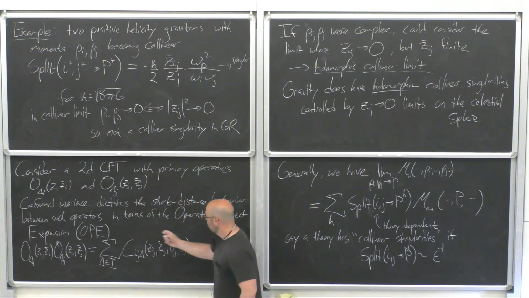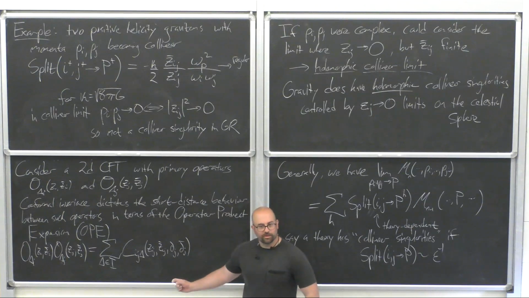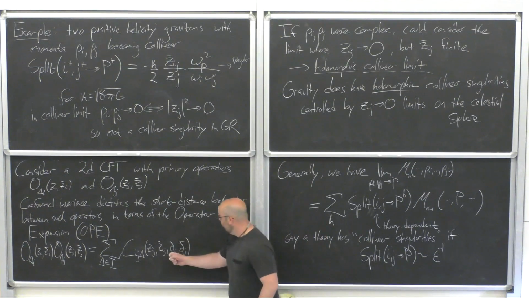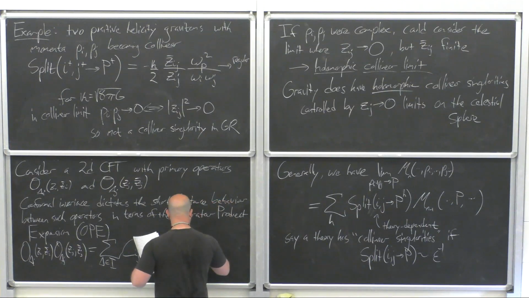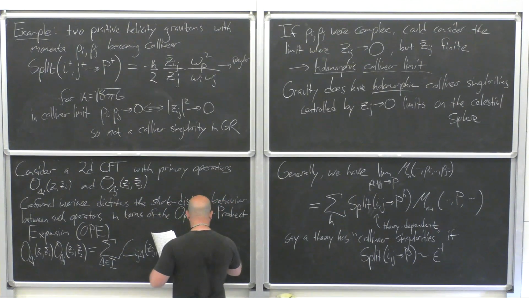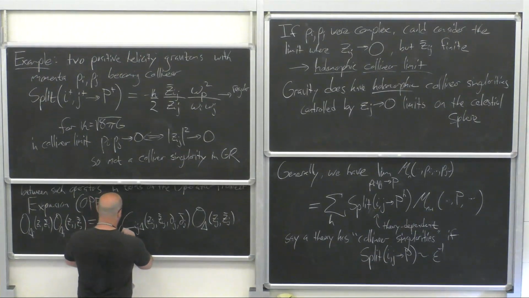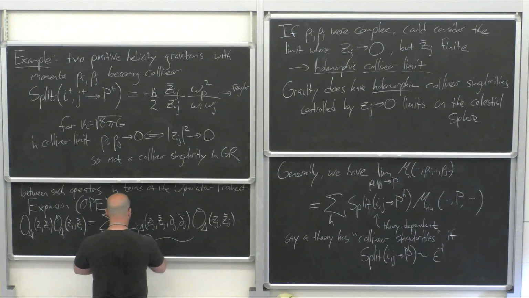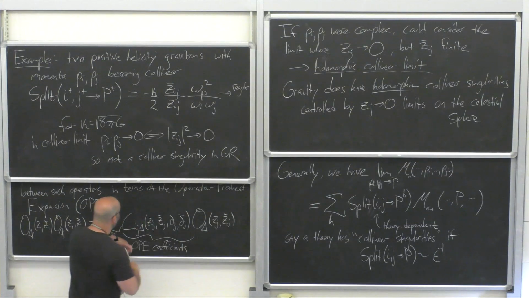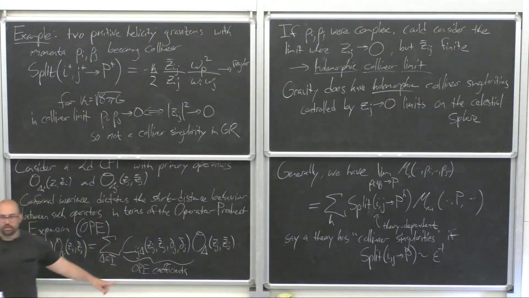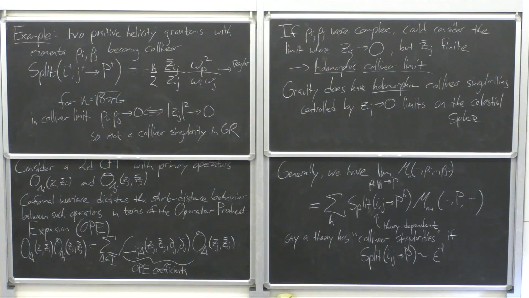And these things don't have to be functions. They can be differential operators in general, which have holomorphic and anti-holomorphic derivatives in them, acting on all the other primaries in the theory evaluated at Zj. These are called the OPE coefficients, and they are generically singular in these separations, Zij, Z bar ij.